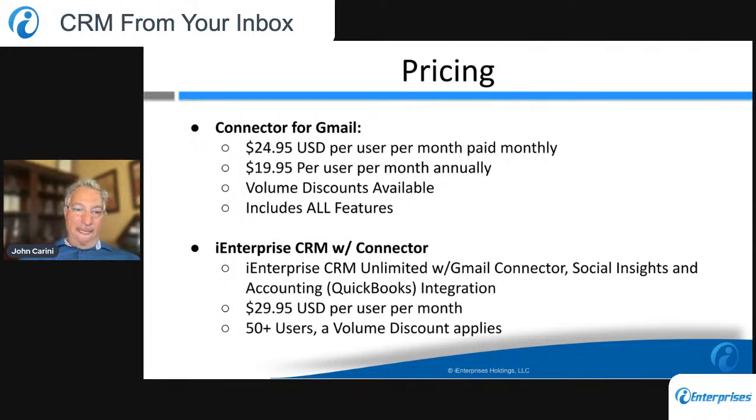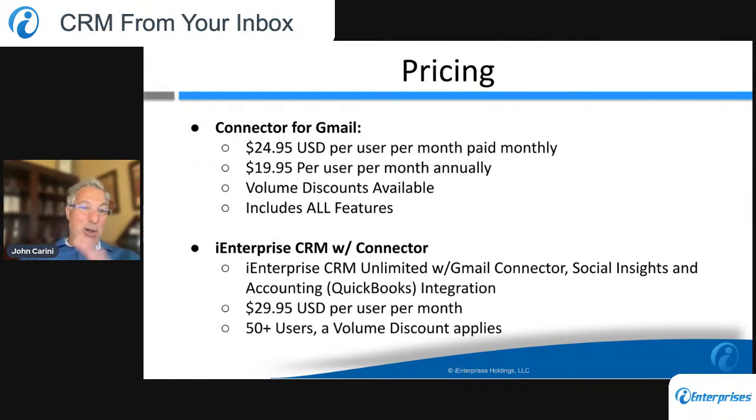So here's the pricing slide. The actual list price for the connectors, if you're using Zoho or Salesforce and you want to stay on it, is $24.95 per user, paid monthly. You can cancel at any time. You can cancel online, and we don't stop you. We don't make you call an 800 number. You just cancel whenever you want. It's no problem.